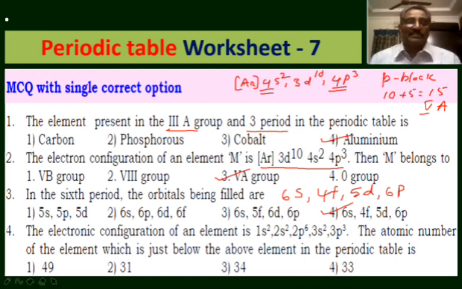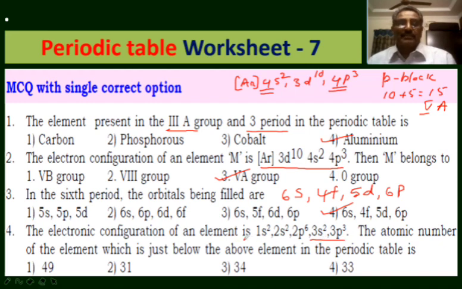Next, fourth question. The electronic configuration of an element is 1s2, 2s2, 2p6, 3s2, 3p3. The atomic number of the element which is just below the above element in the periodic table is. This element belongs to P block.